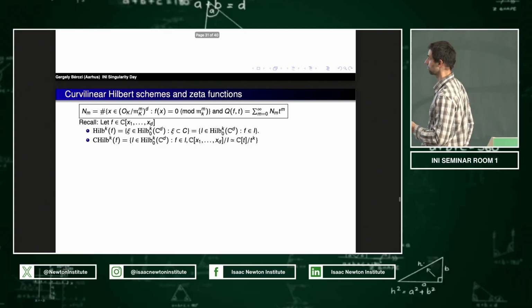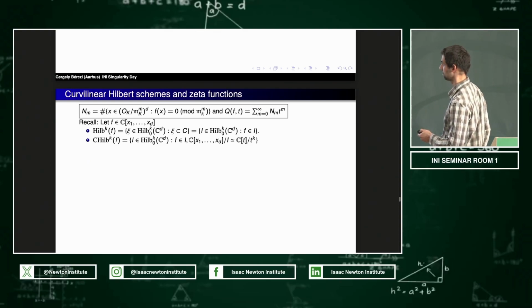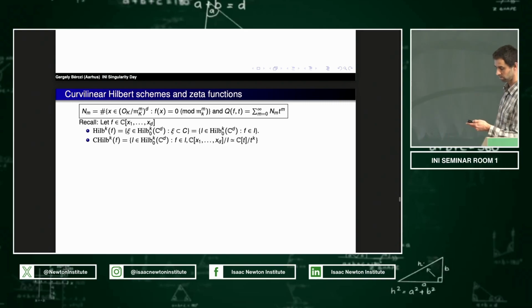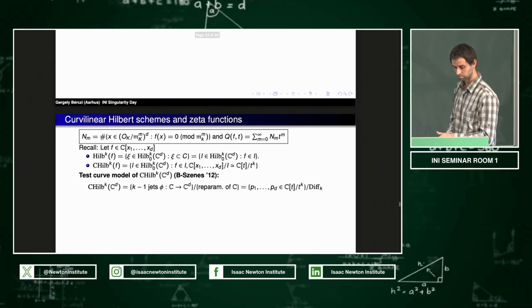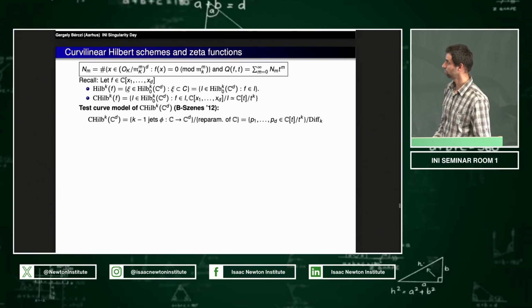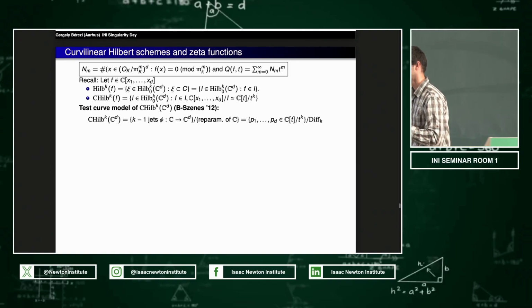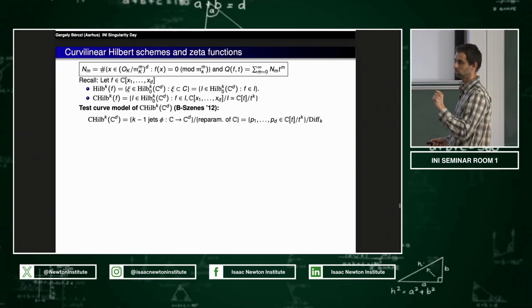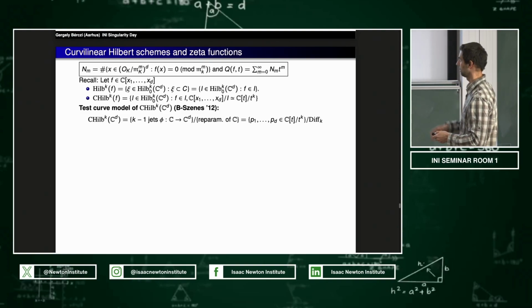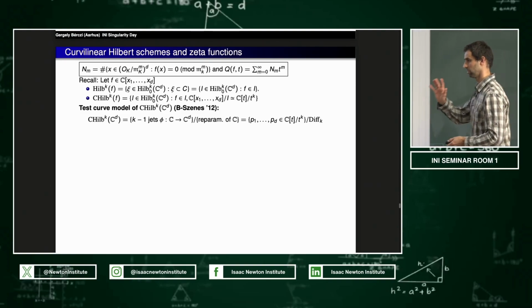On C^d this is an irreducible component, but for a generic f this is not even irreducible. The components are not equidimensional and so on. Do you close it? No, here we don't close it. I really want to take regular jets. Yes, there's some inconsistency with the notation.